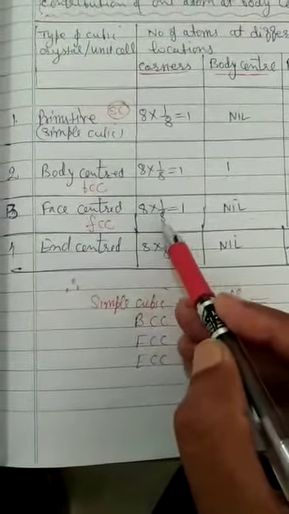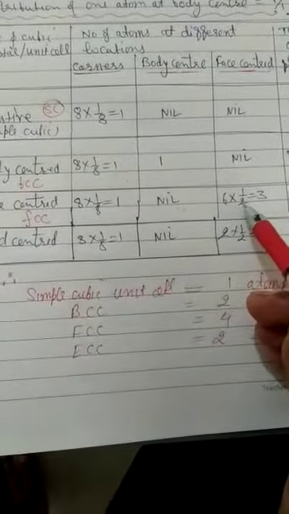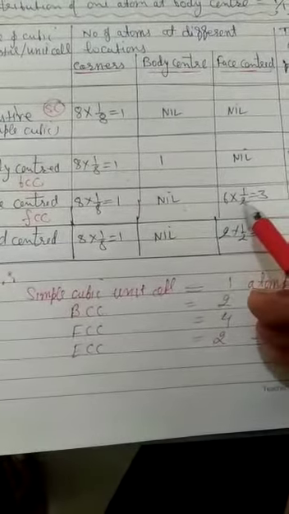At the center of the face, since there are 6 faces in a cube, 6 into 1 by 2 equal to 3. So total 1 plus 3 is equal to 4. So there are 4 atoms per unit cell in case of FCC.